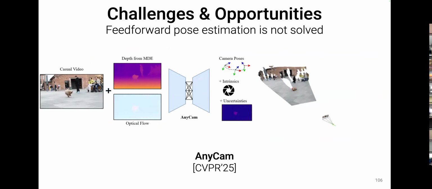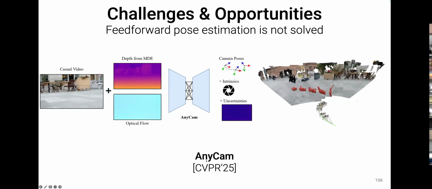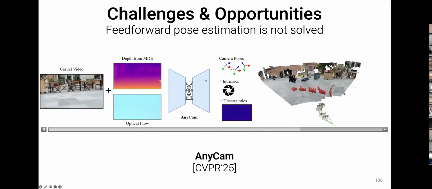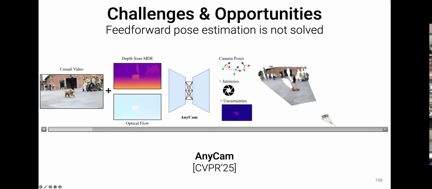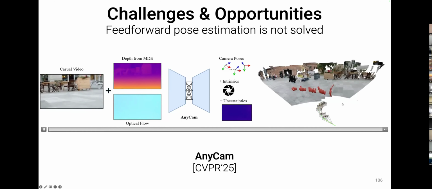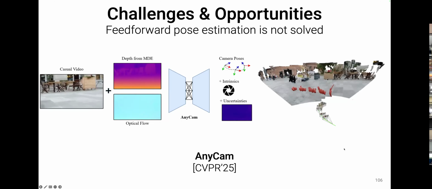It's also why MegaSam was still using that. For example, this is a work called AnyCam from CVPR this year. Given a video, they directly output the camera poses. They are able to do that, but again, it's not good. They are significantly worse than any of the methods here.